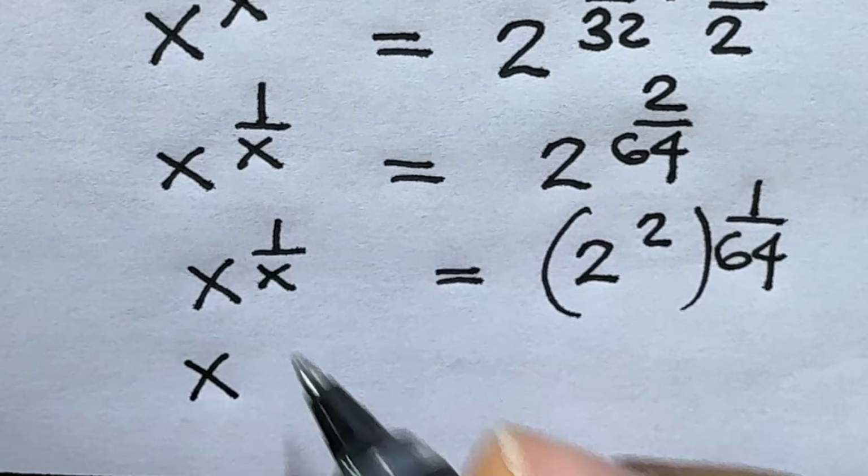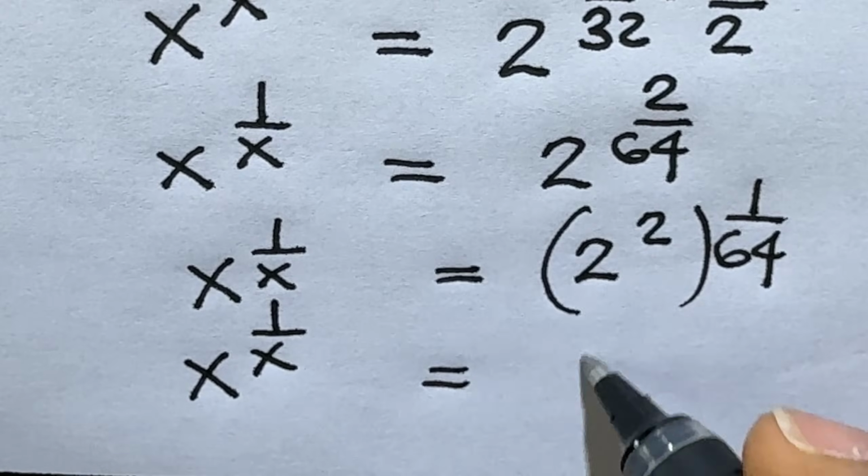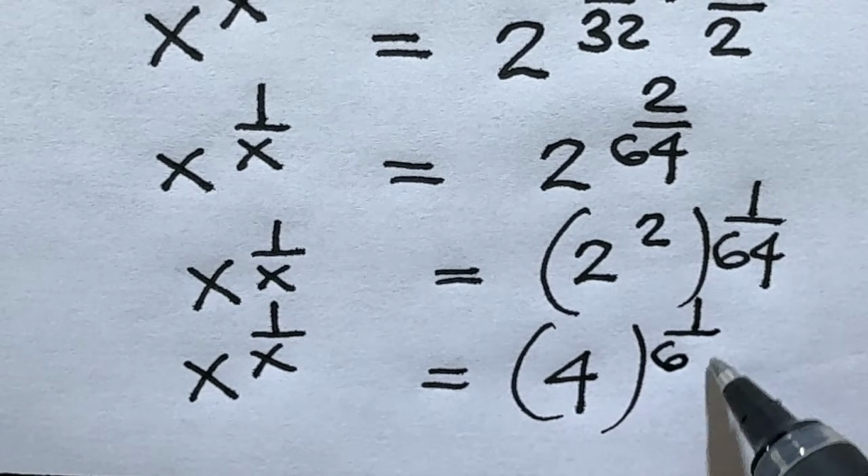Or we say x raised to power 1 over x is equal to 2 raised to power 2 is 4, then raised to power 1 over 64.